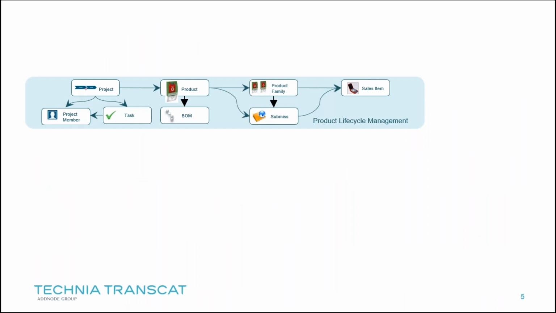So to provide the background for what we keep in the PLM backbone, it's a model which covers the stage gate process with a project model with tasks and resource allocation.